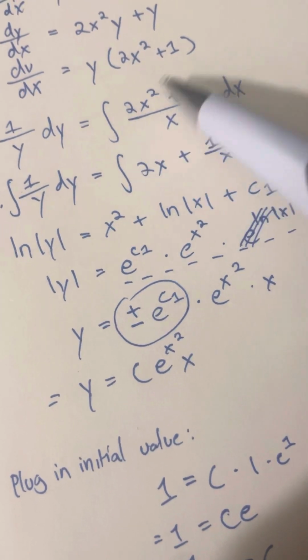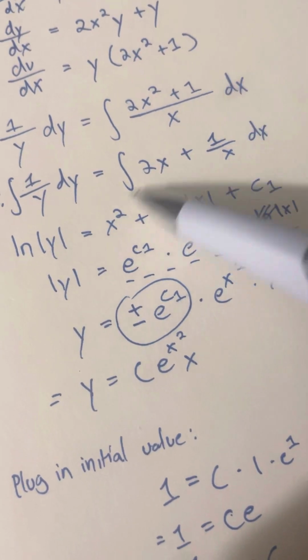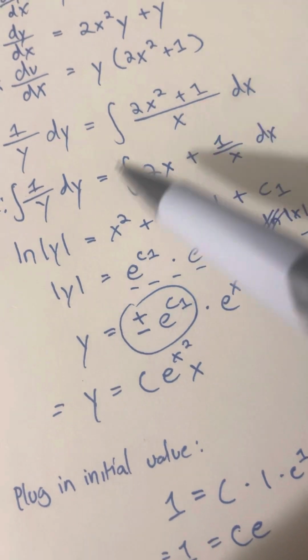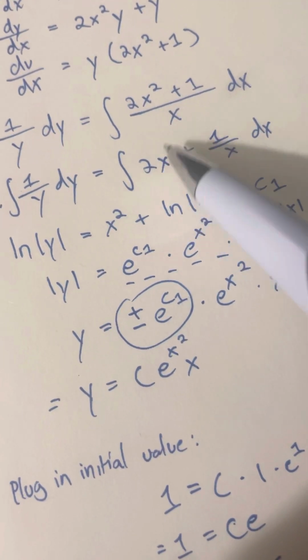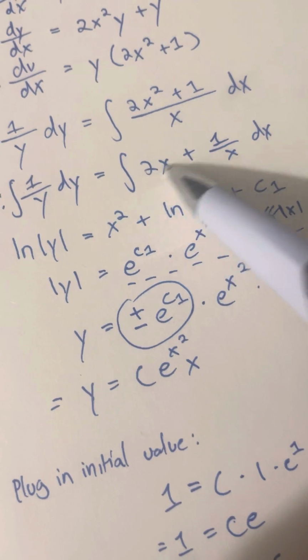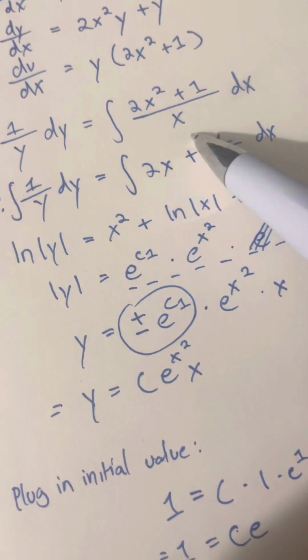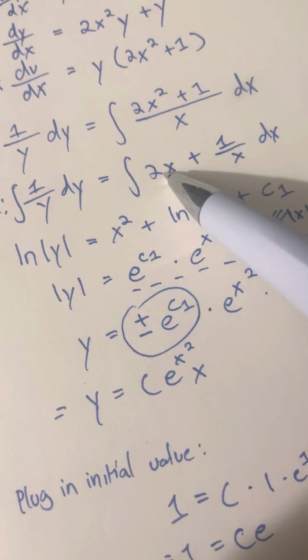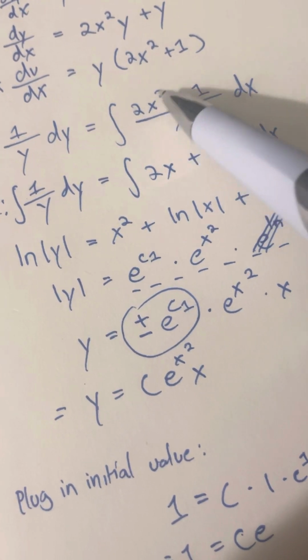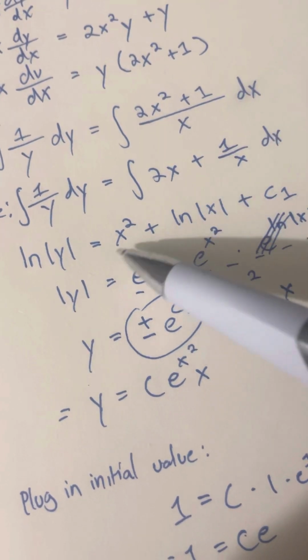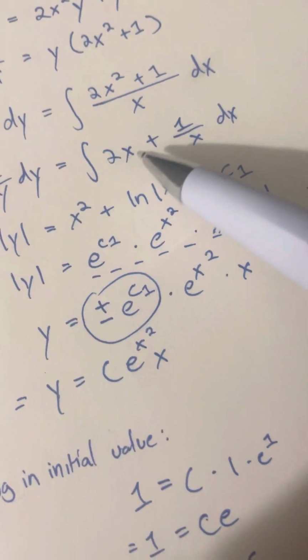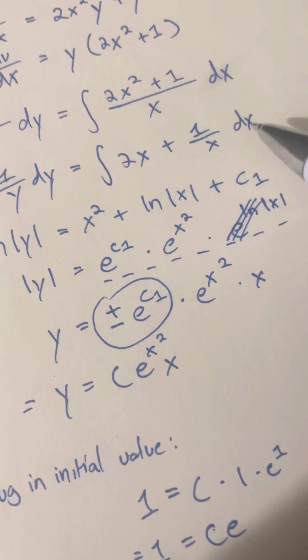Because you have to do it here too, but there's nothing here. But because we can separate the fractions, this would have had an x under it. This actually would have been 2x squared over x. But because we're getting rid of an x, we can just write 2x. X squared, there's 2, you cancel out, you're just left with 2x, plus 1 over x, because we separated the fraction.